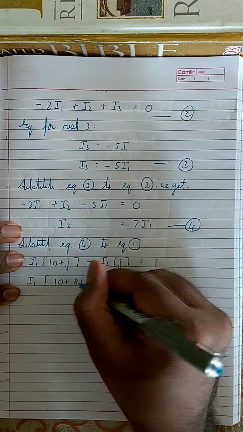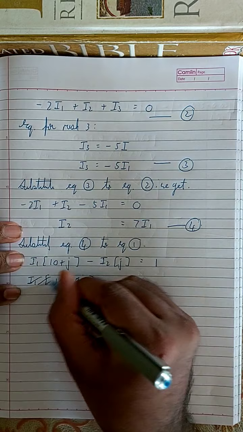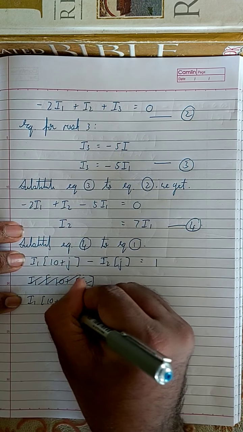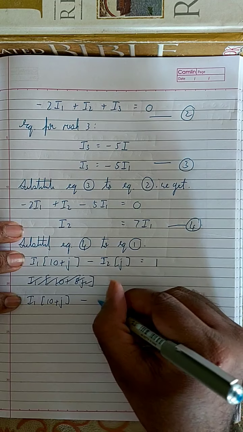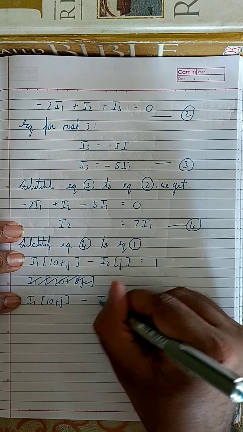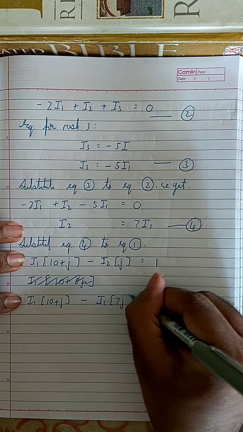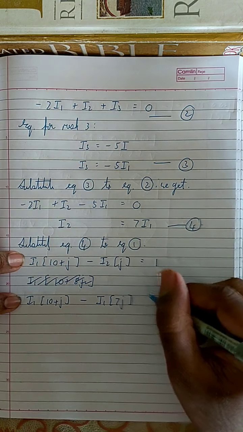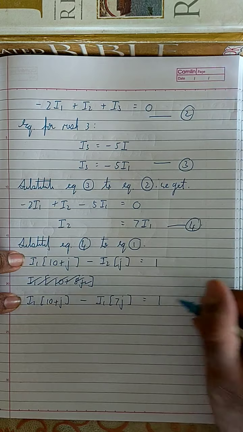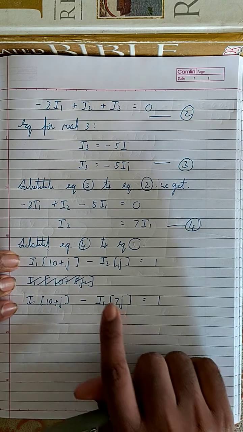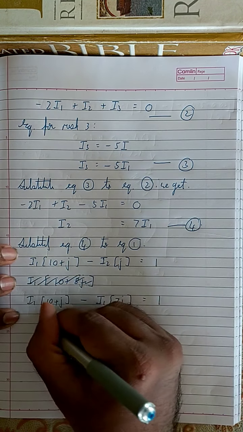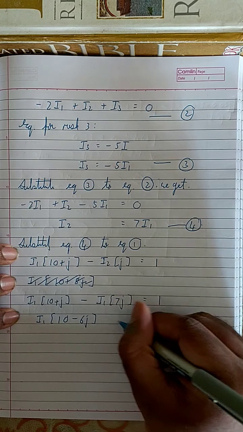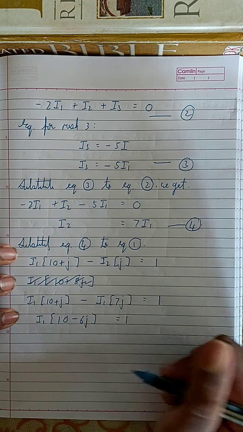This is not 10 plus 8j. This is 10 plus 6j. Let me see. I1 into 10 plus j minus I1 into 7j, so it is minus 6j, is equal to 1. So I1 into 10 minus 6j is equal to 1.